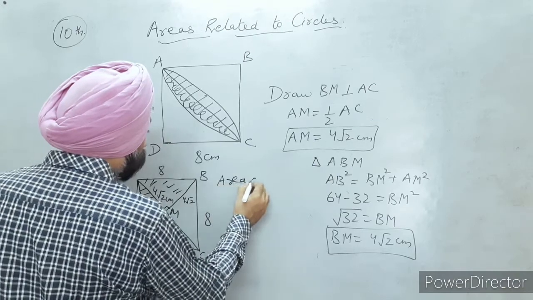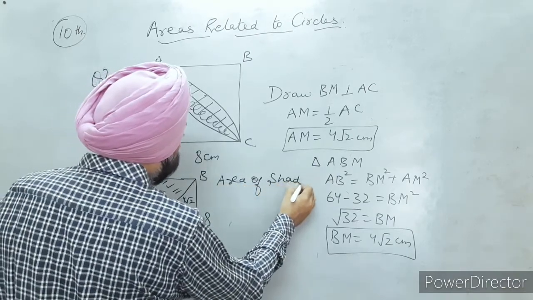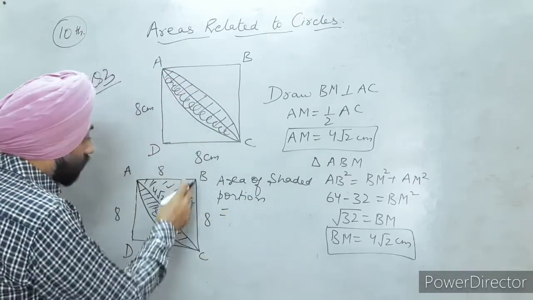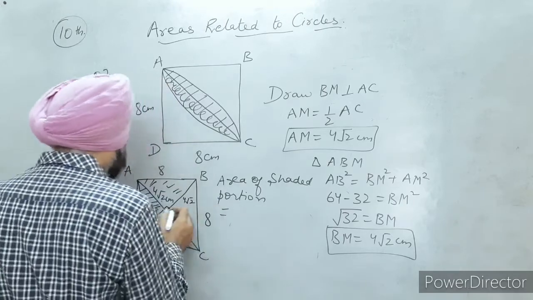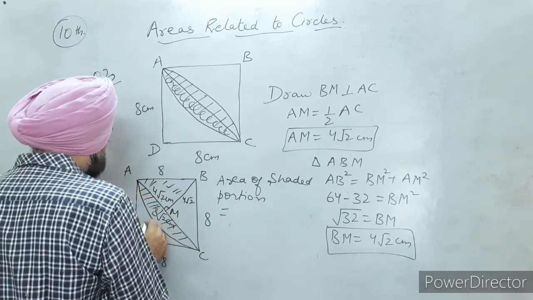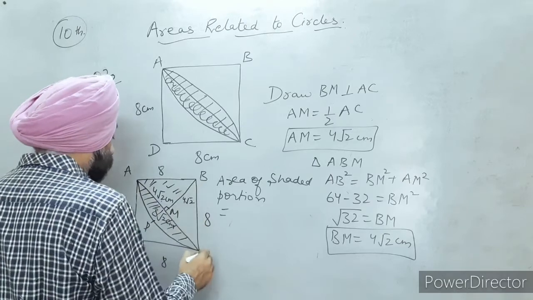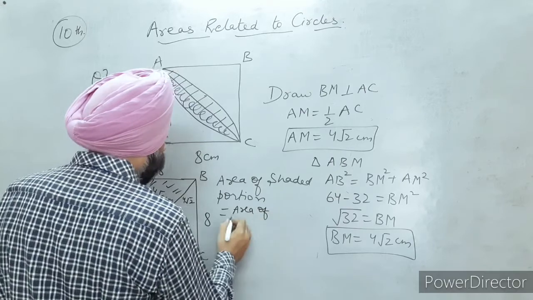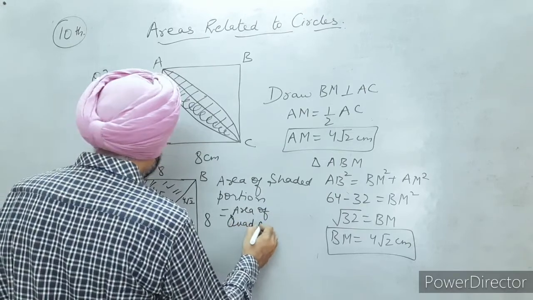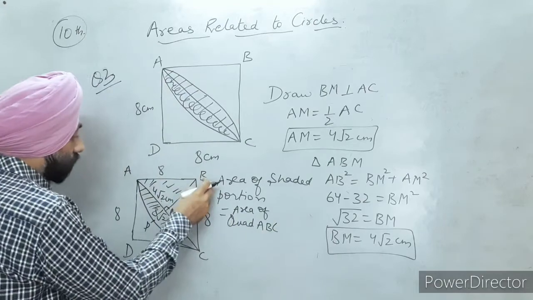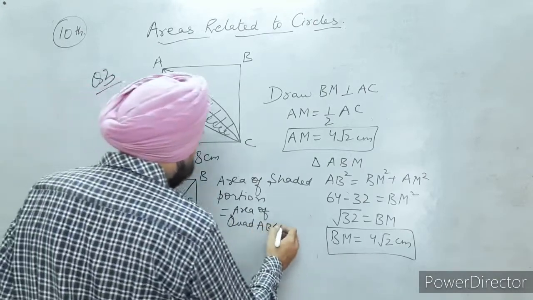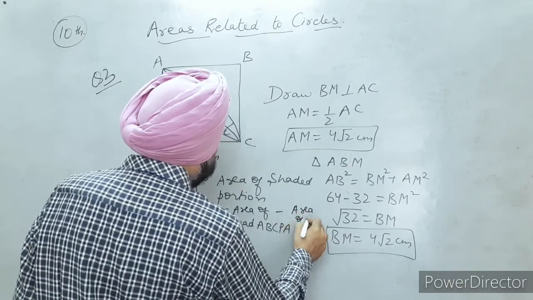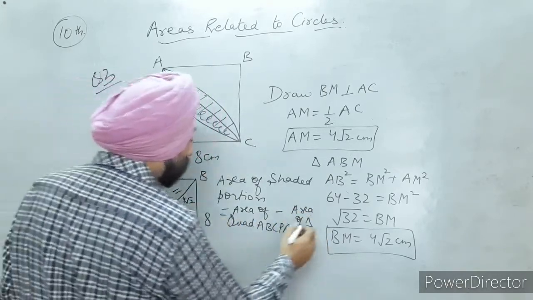The area of the shaded portion is the area of the quadrant A, B, C, P, A, minus the area of triangle ABC.